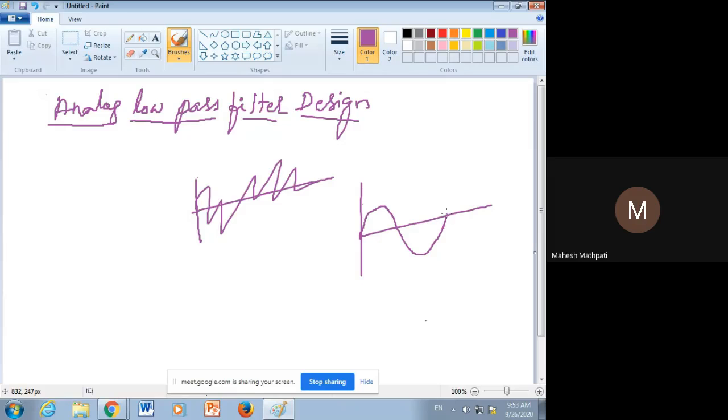Can anyone tell me? Let us write this as x of t with respect to t, and let me write this one like v of t with respect to t. Now which one is analog signal and which one is continuous signal here?